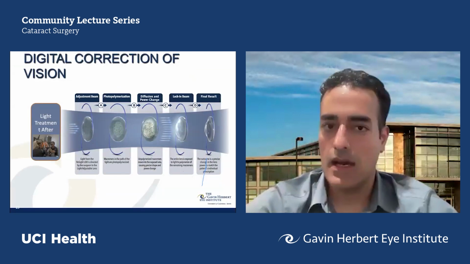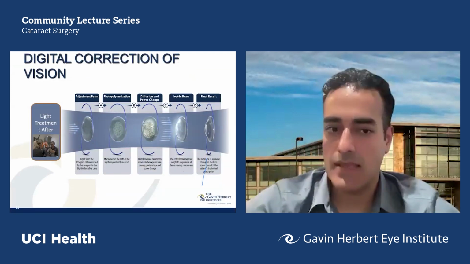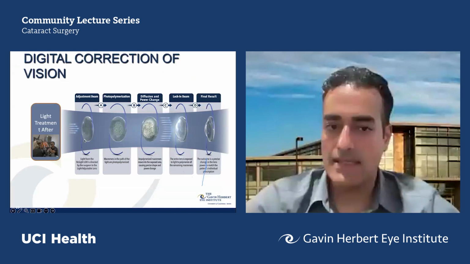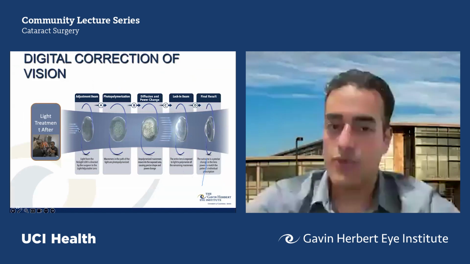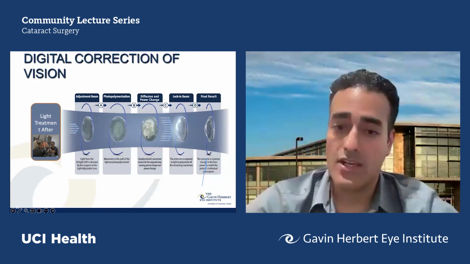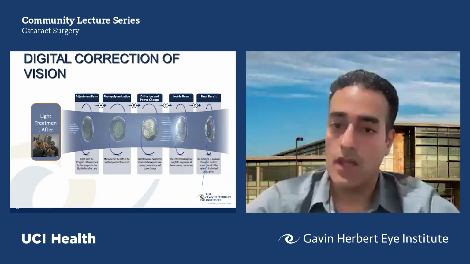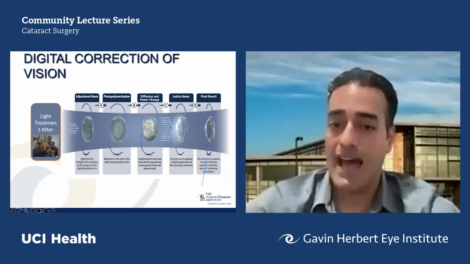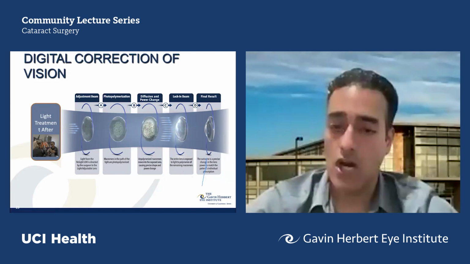This is the light adjustable lens. Basically, we place that lens in the eye and then through UV light, we can adjust the shape of that lens and basically induce some prescription and correction. And then once our patients are happy, we can do another UV treatment to lock it in place. The newest model of this lens actually does have an active shield on it.